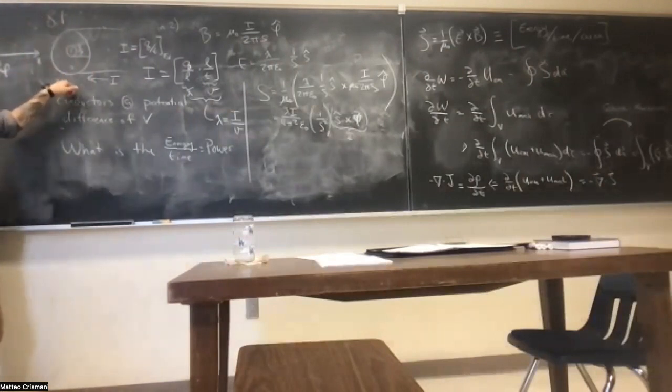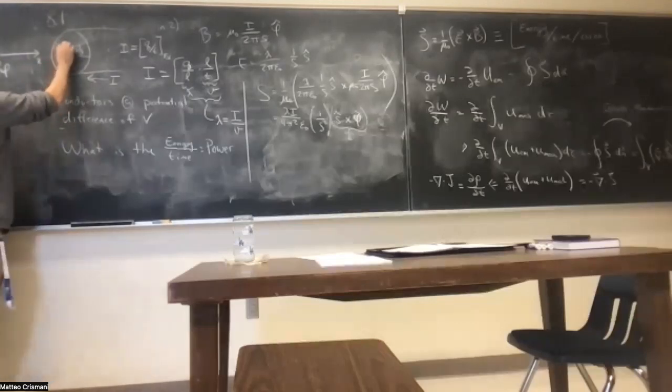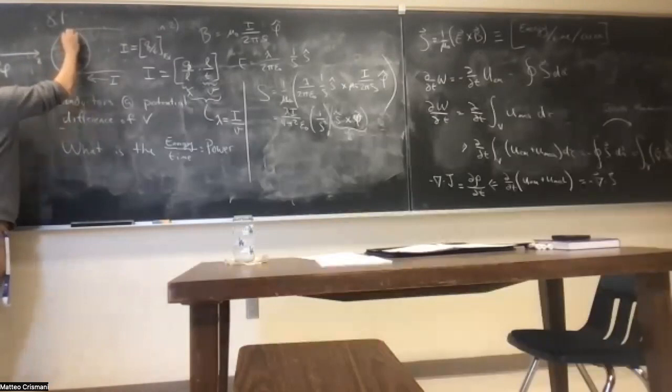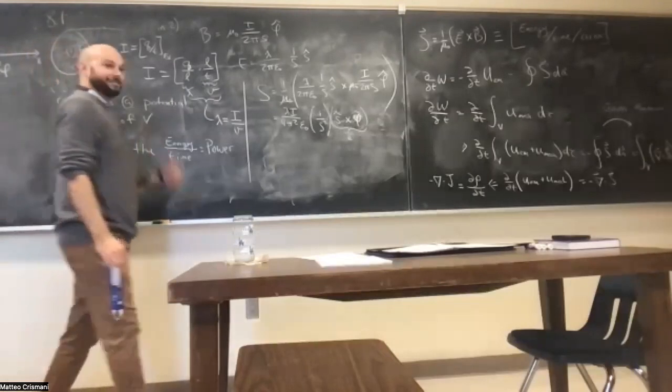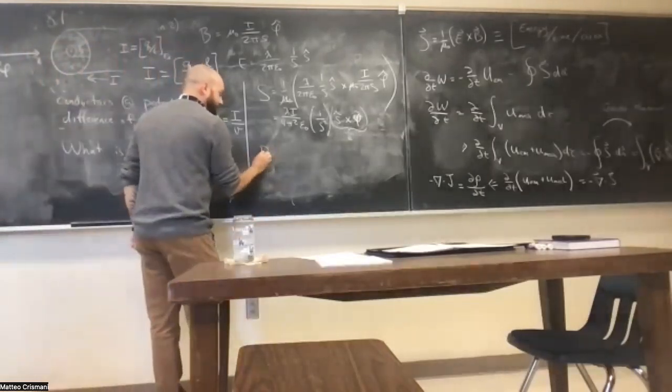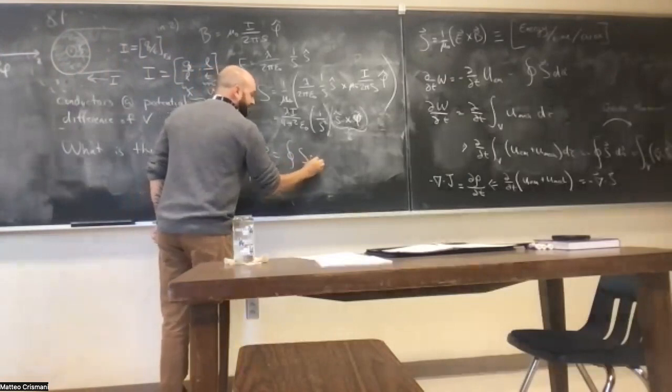So my first question is, what is the power here? Zero. What is the power here? Zero. So really all I want is this semicircle. So what's power? Power is the surface integral of S dotted dA.